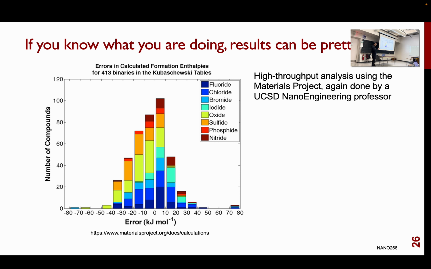In other words, on average, the error is roughly 0, and most of them are within, say, 30 kilojoules per mole or so. That's actually fairly reasonable. This is true regardless of whether we are talking about oxides, which is the largest class of materials in the Materials Project, but also fluorides, chlorides, bromides, iodides, sulfides, phosphides, and nitrides.